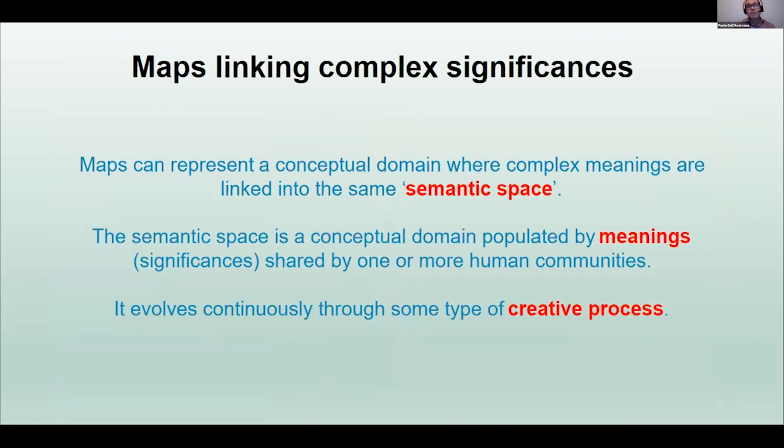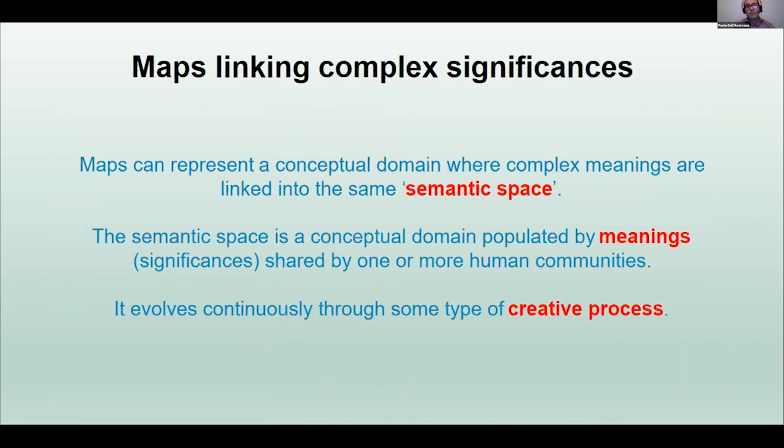So maps can represent conceptual domains where complex significances, complex meanings are linked into the same semantic space. What I mean by semantic space is a conceptual domain that is populated by meanings, by significances that can be shared by two or more people, two or more human communities.